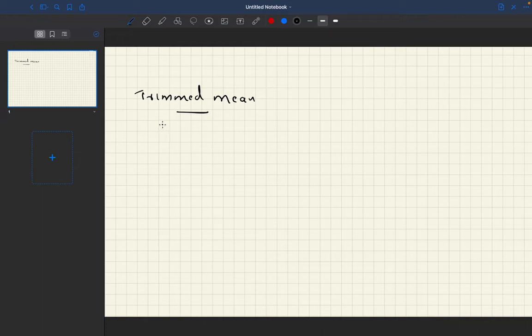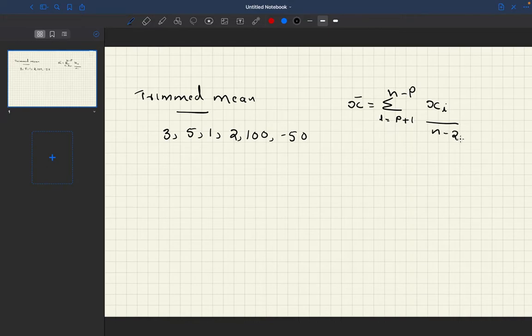Take our previous example. We have 3, 5, 1, 2, 100 and minus 50. Before that, let me tell you there is a formula for trimmed mean, that is x bar equal to sigma i equal to p plus 1 to n minus p of x of i divided by n minus 2p.